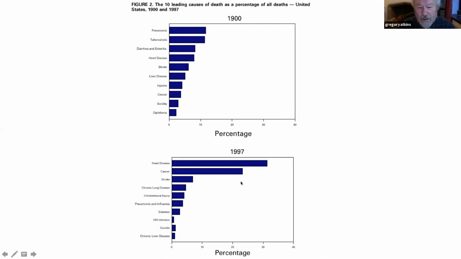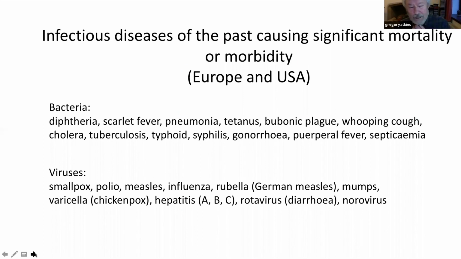So infectious diseases were a much bigger problem in the past, and they were caused by a lot of different infectious agents. You see here some of the bacteria and the viruses, things like smallpox, polio, measles, mumps, chickenpox, and these two viruses at the end, which cause diarrhea and are still a big problem in developing countries.